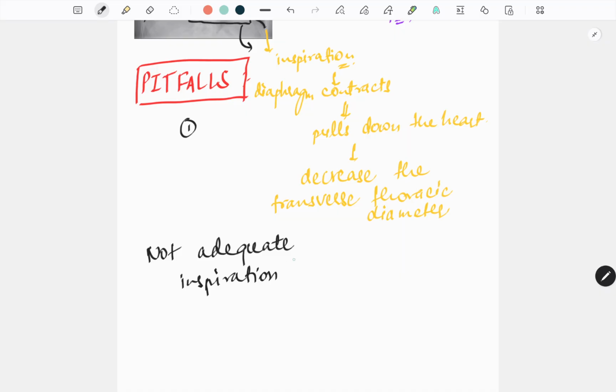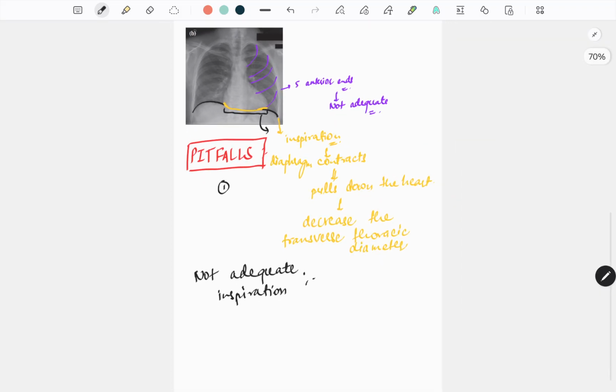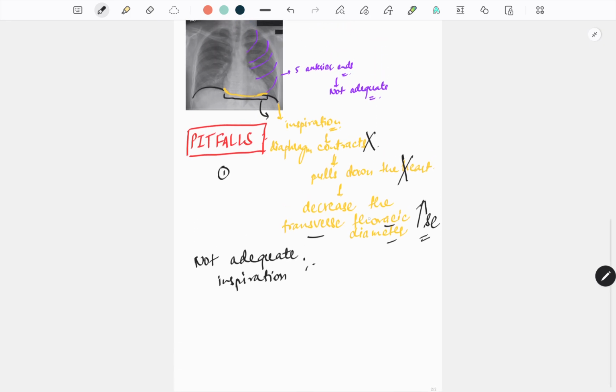what will happen? This diaphragm is not going to contract adequately. The heart will not be pulled down and it will lead to an increase in cardiac diameter, transverse cardiac diameter.